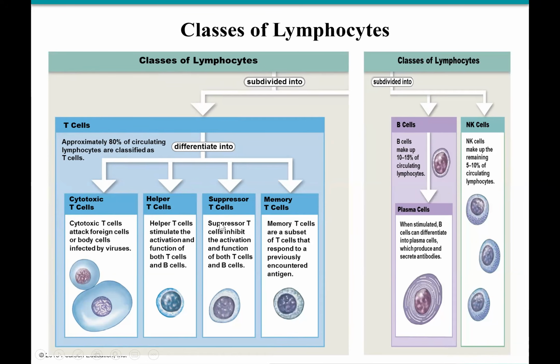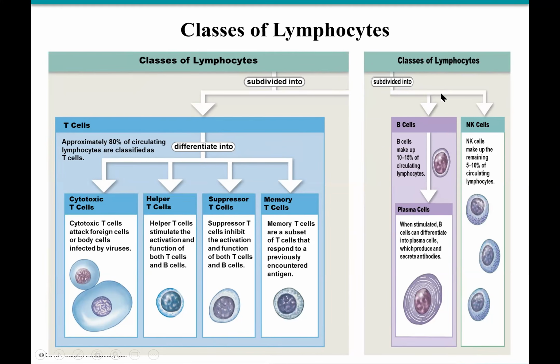Suppressor T cells will play a role in regulation of the immune cells. Memory T cells will hang around and have a memory. It's a subset of T cells that will respond to a previously encountered antigen. So it has a memory of that infection. And if the same virus attacks the cell again, they will kill it.